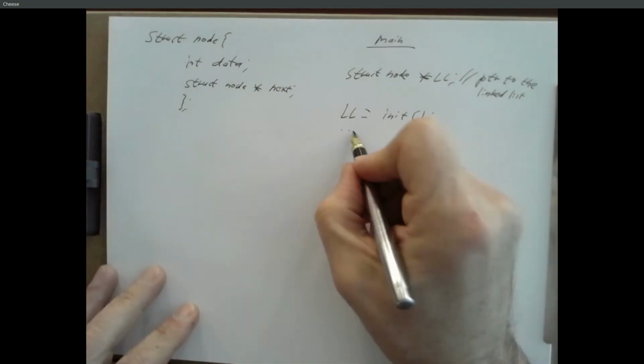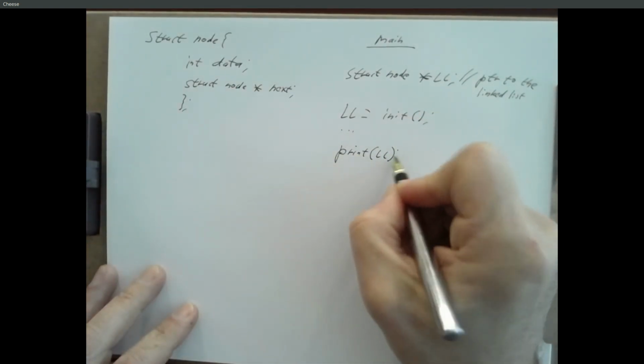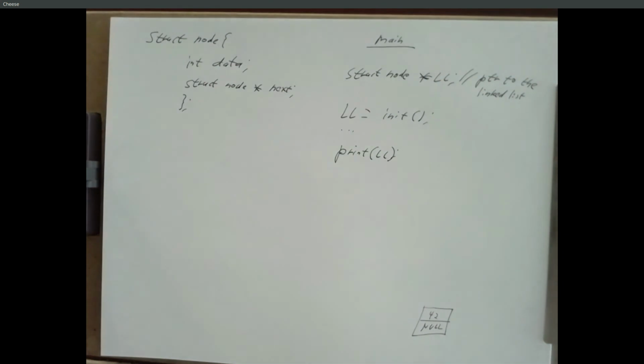So let's just look at a print routine. Our print routine would take one argument, which is the linked list, which is actually a pointer to a struct node, which is a pointer to the sentinel. And print doesn't return anything, so we could make it a void.